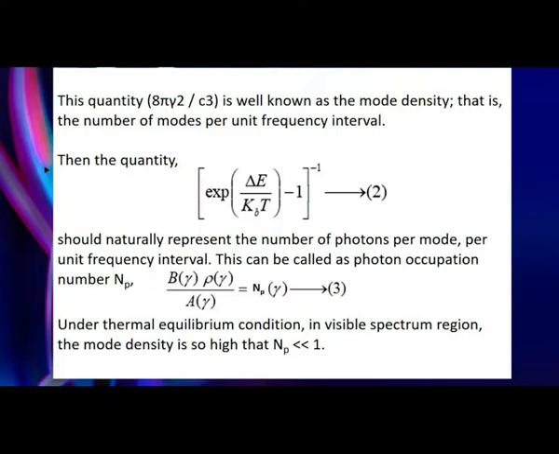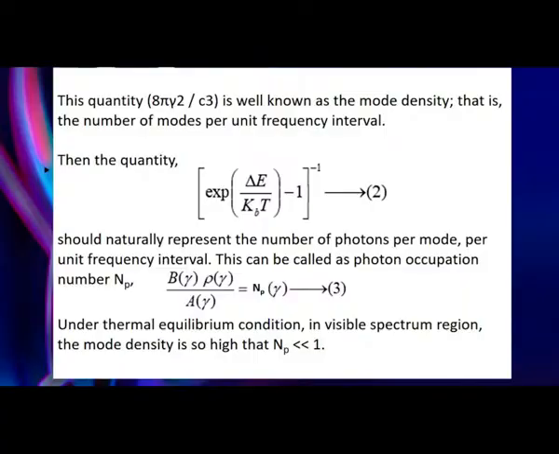Now, insert all this into the equation, and immediately you can see that B rho, the stimulated emission rate, divided by the spontaneous emission rate is equal to the photon occupation number. You need to take some time, put these equations together and check this, which I cannot do now as it is not on the board.